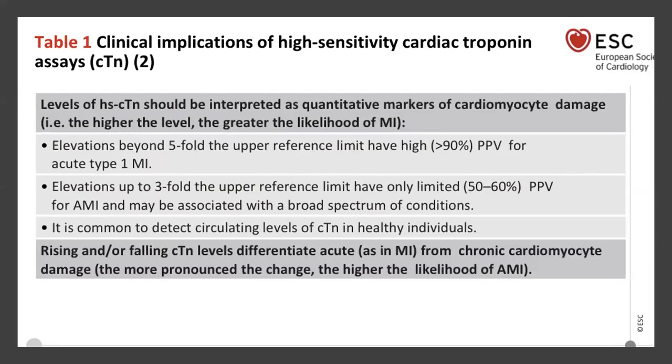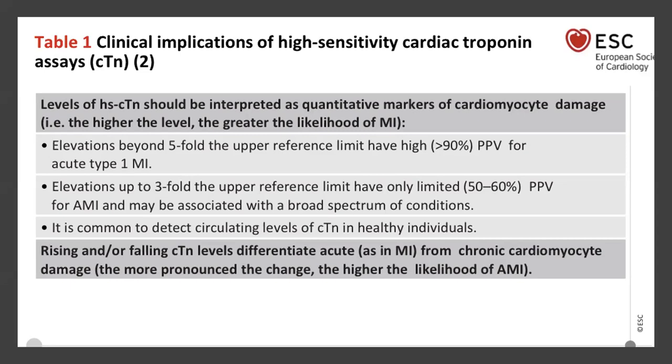And then in terms of the clinical implication of your high sensitivity cardiac troponins, the level should be interpreted as a quantitative marker of cardiomyocyte damage, and that is, the higher the level, the greater the likelihood of it being a myocardial infarction.